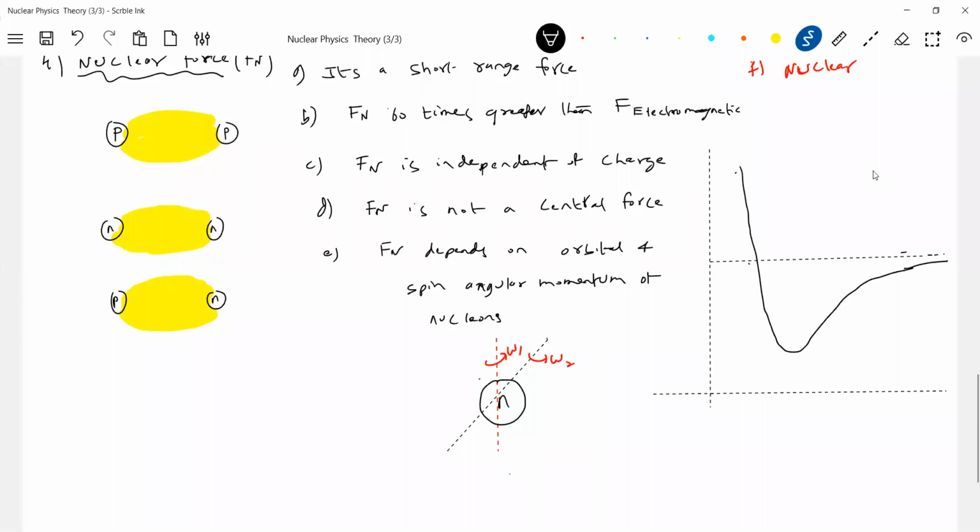This is 1 femtometer, 0.5, 1.5, 2. This is the range in femtometer. This is the potential in mega electron volt.